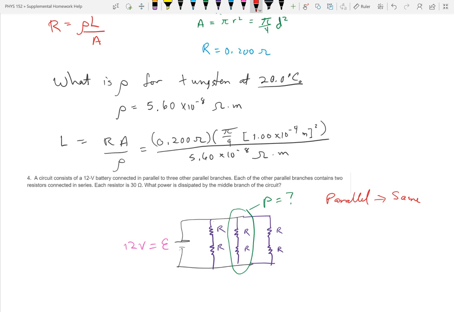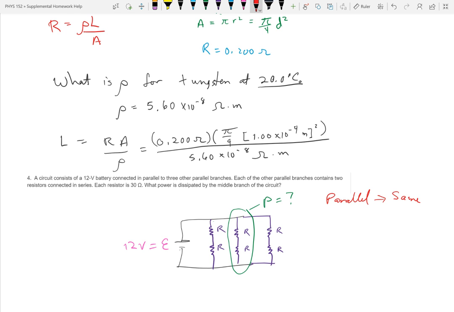Well, they're resistors. The resistivity of them? Well, anything in parallel in a circuit, if things are in parallel, they have this the same. If they're in series, they have this the same.